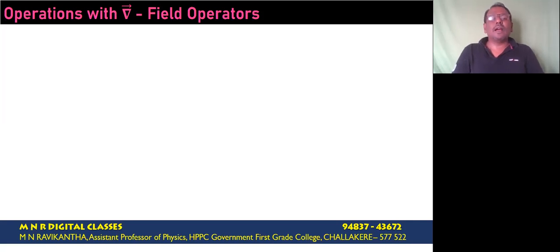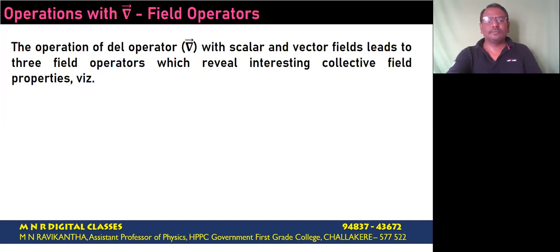Now let us look at the operations of the del operator with different types of point functions. The resulting operators are called field operators. The operator del can be operated either on scalar fields or on vector fields, which leads to three field operators which reveal interesting collective field properties.